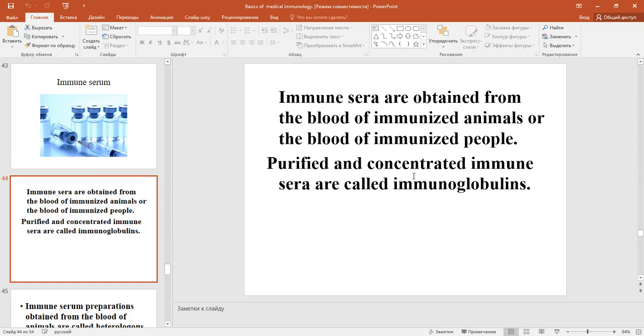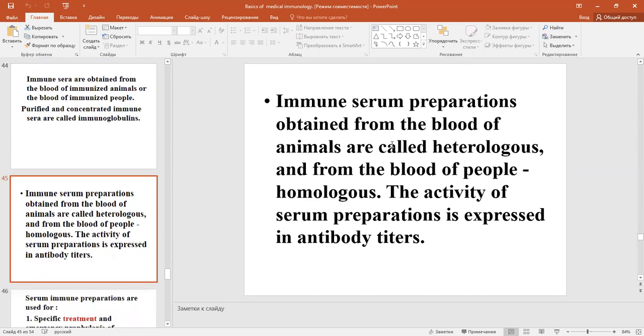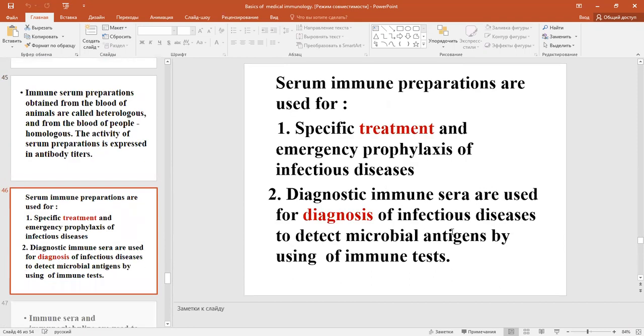So just immunoglobulins are isolated from immune sera, no other proteins. Immune serum preparations obtained from the blood of animals are called heterologous, and those from the blood of people, homologous sera. The activity of serum preparations is expressed in antibody titers.